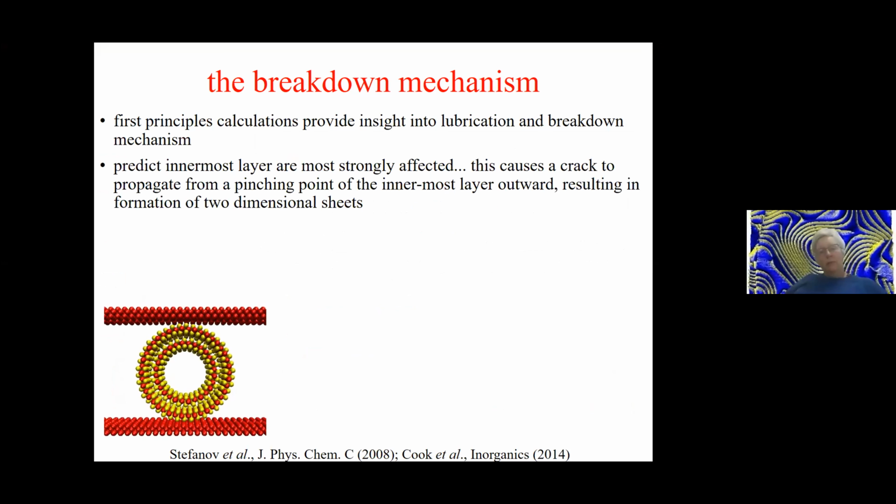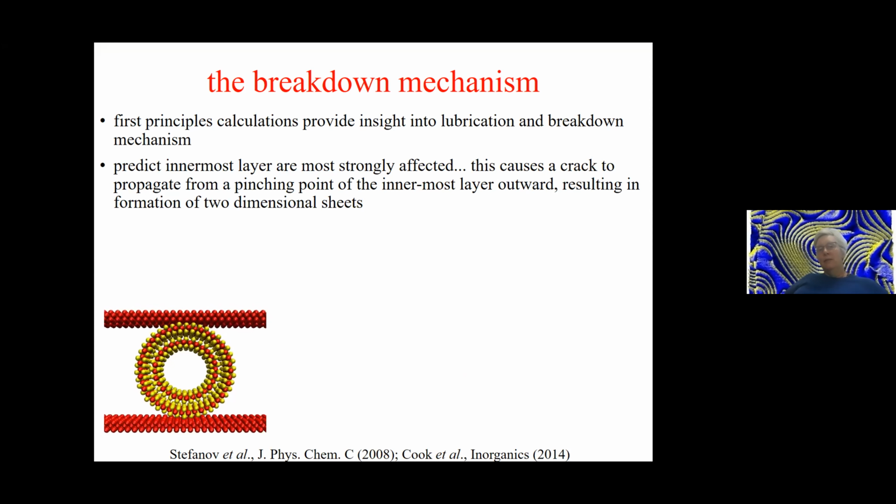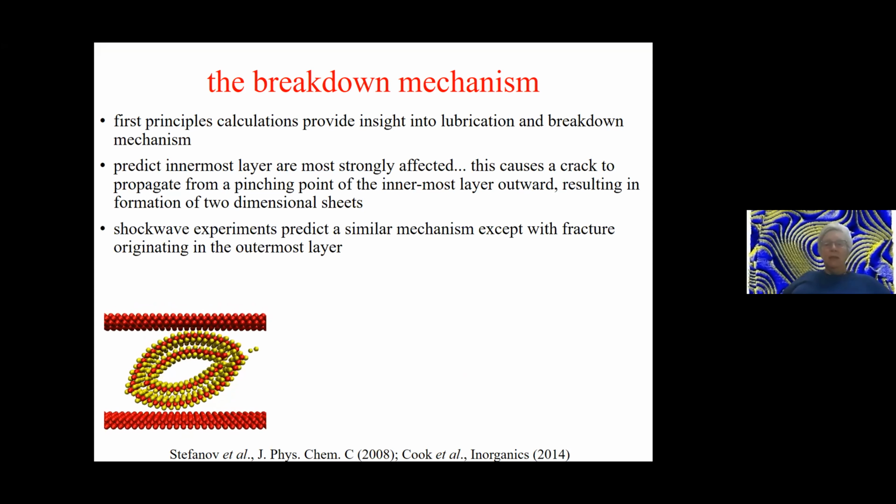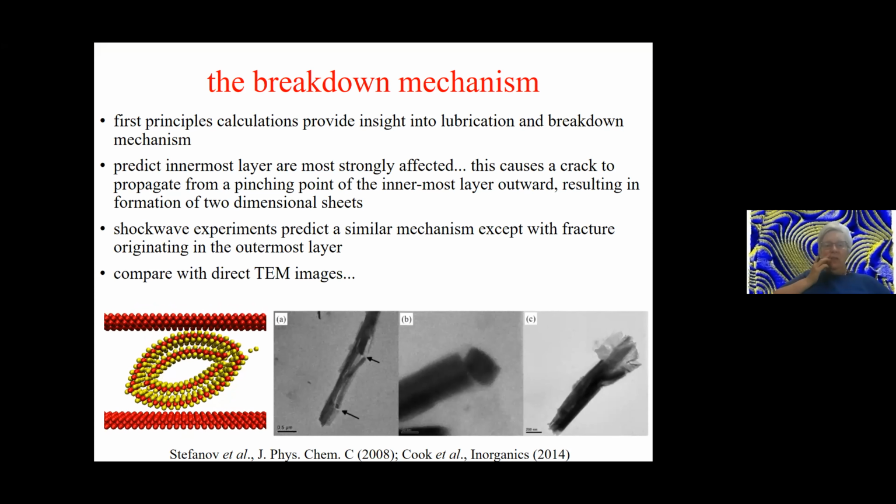Okay, so what I wanted to say is that we can compare our findings, our infrared and Raman under pressure, with theory, with simulation, with shockwave experiments. But the other thing we did is compare with direct TEM images. So we took the material from inside the diamond anvil cell and had a look at it.